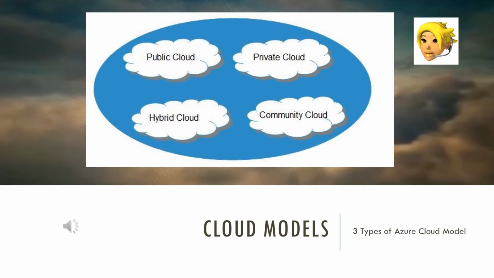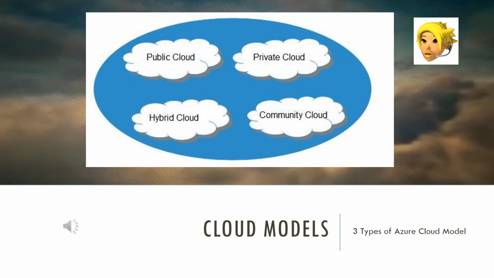There are three types of cloud model. The deployment models of cloud are public cloud, private cloud, hybrid cloud. And the community cloud is a cloud infrastructure that allows systems and services to be accessed by a group of several organizations to share information.